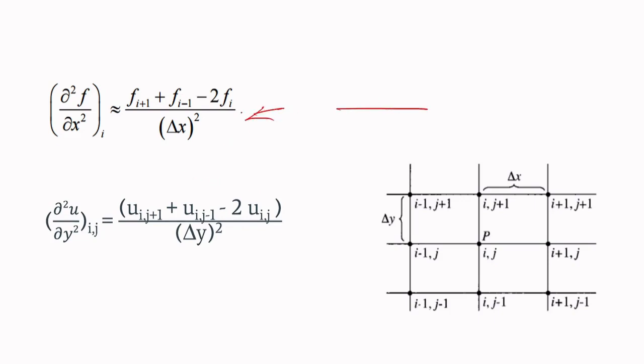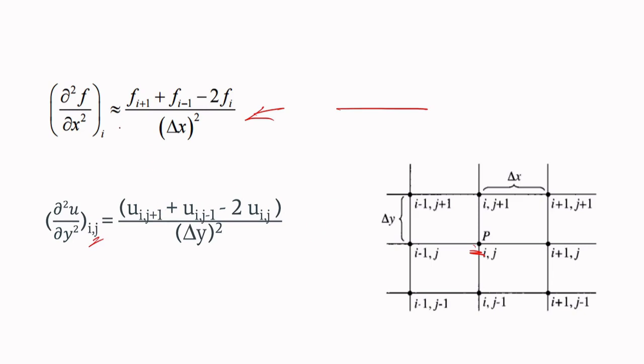We imagined a one-dimensional mesh with 3 points. Here actually it's a two-dimensional mesh. So the question was, what is the discretized equation for dou square u by dou y square at point ij? So this is the central point, at ij.